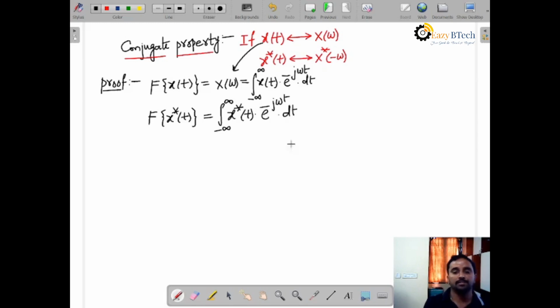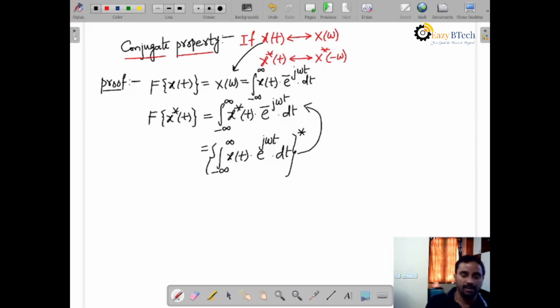Then I am going to modify this integral. I write the integral of x of t e to the power plus j omega t dt, whole star. I am keeping the star for the total, because if you send the star inside, we get the same integral above.